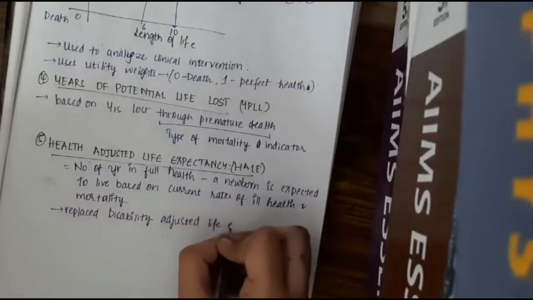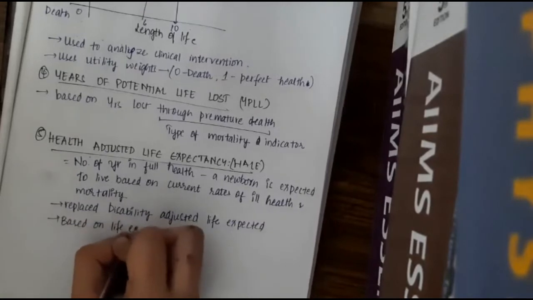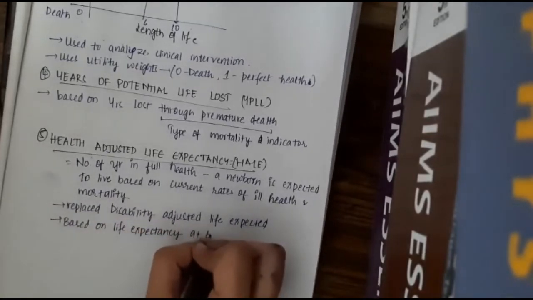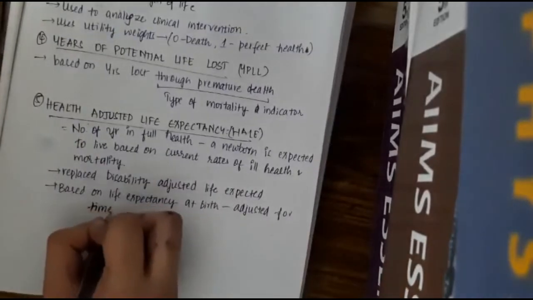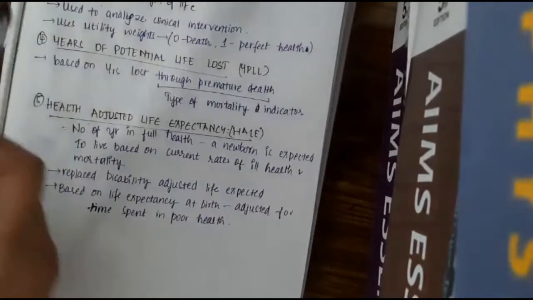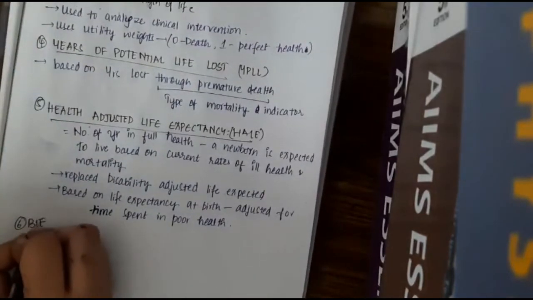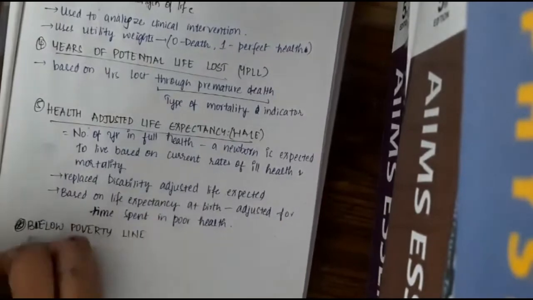It has replaced disability adjusted life expectancy nowadays. It is based on life expectancy at birth, adjusted for time spent in poor health. Then we have the next index, which is below poverty line.